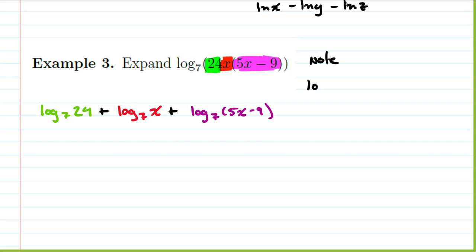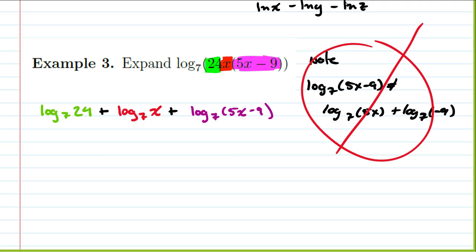The logarithm base 7 of 5x take away 9 does not equal the logarithm base 7 of 5x plus the logarithm base 7 of negative 9, right? So this is false. So we can't break up logarithms over addition and subtraction. We can only break up factors inside of logarithms.